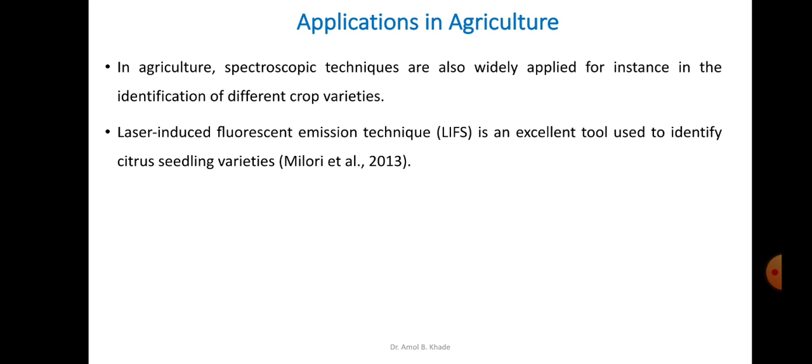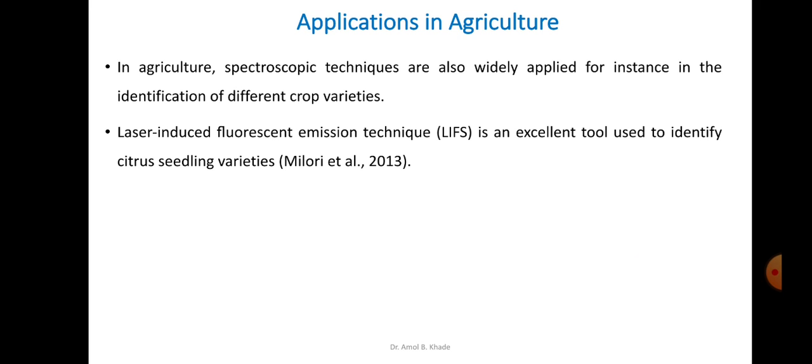The fluorescence spectroscopy also finds applications in the field of agriculture, right. So for instance, you can see the identification of different crop varieties, and these different crop varieties we can find out with the help of fluorescence spectroscopy.